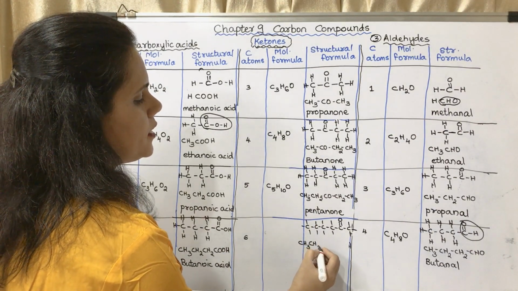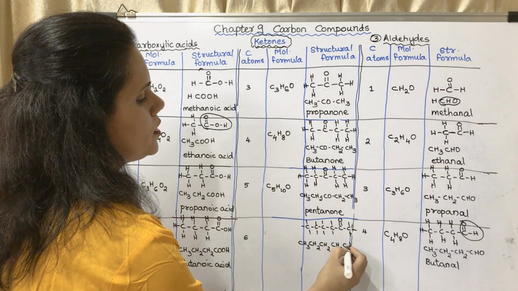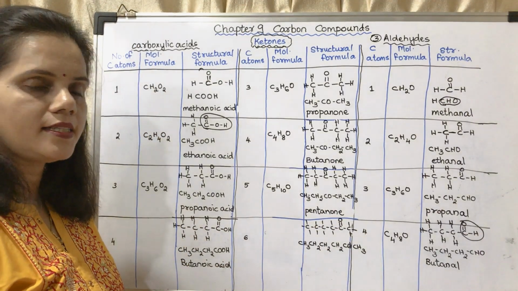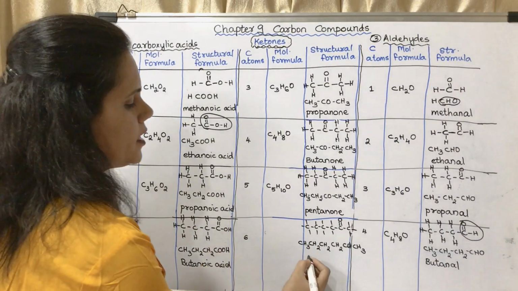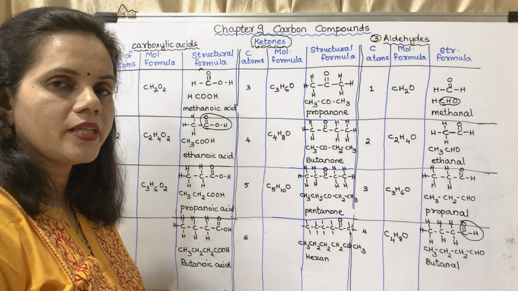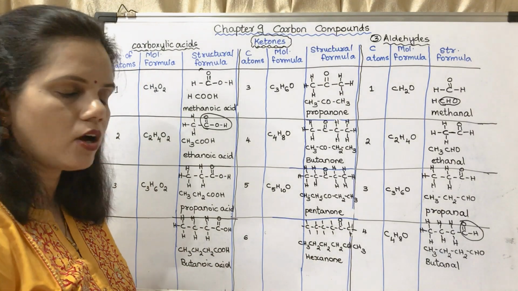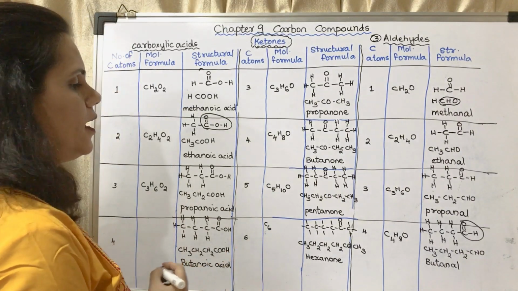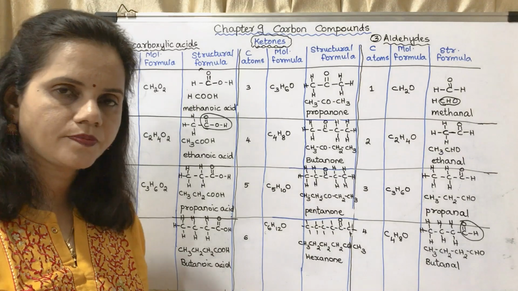It will be CH3, CH2, CH2, CH2, CO, CH3. This will be the condensed structural formula. What will be the name? How many carbon atoms? 6. So it is hexane. And what will be the suffix? It will be ONE. So its name will be hexanone, and the molecular formula will be C6. How many H? 12 H and 1 O.